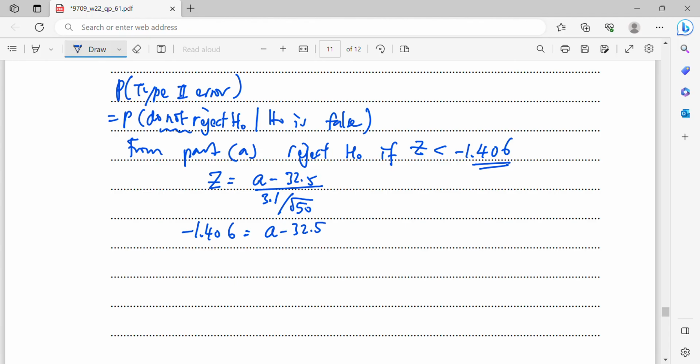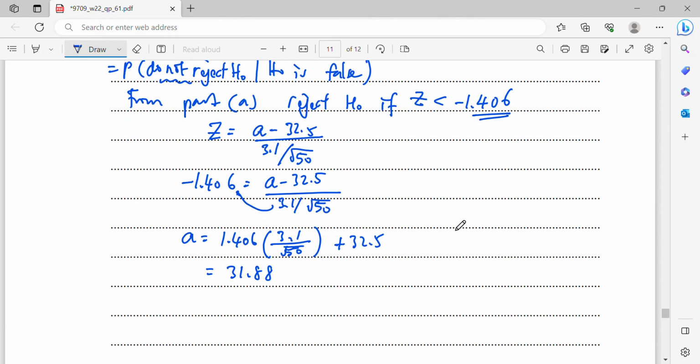Alright. So then over 3.1 divided by square root 50. So from here, your A is going to be 1.406 multiplied by 3.1 over square root 50, because you move up, and then the negative 32.5 will be moved to the other side, becomes plus 32.5. And now you are getting 31.88.